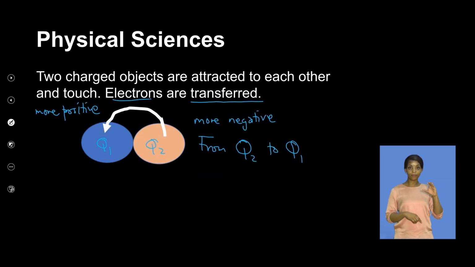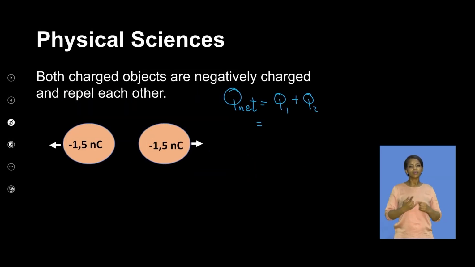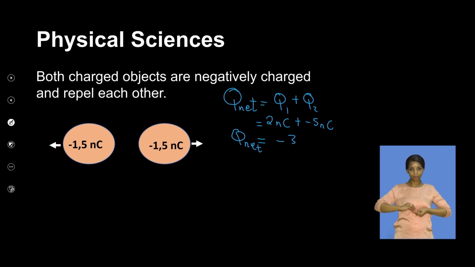So the net charge is positive 2 nanocoulombs plus negative 5 nanocoulombs. The net charge in this system therefore becomes negative 3 nanocoulombs.